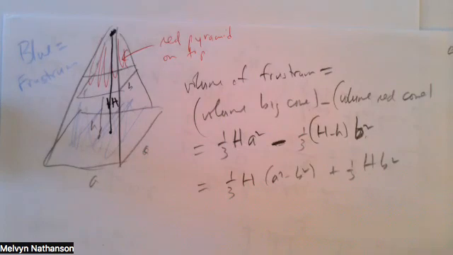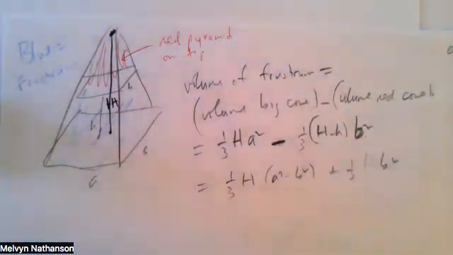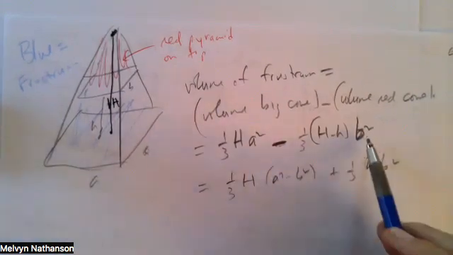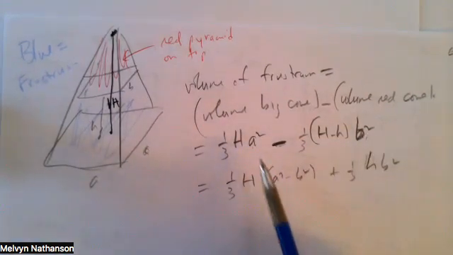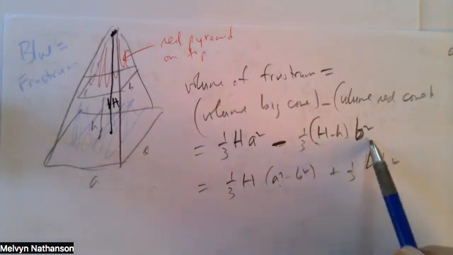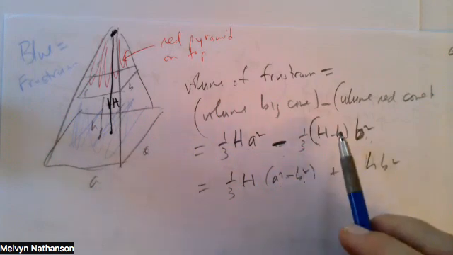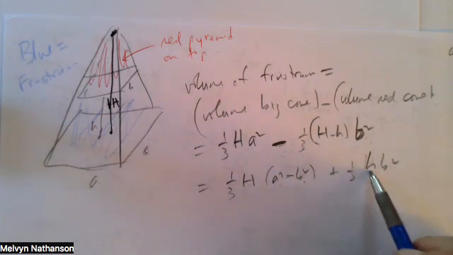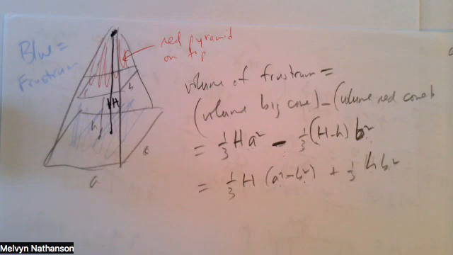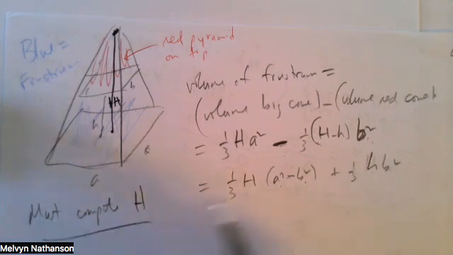So I'm just expanding this. I get a third capital H A squared, minus a third capital H B squared. Minus times minus is plus 1/3 little h times B squared. Right? So what I need to do is compute capital H.